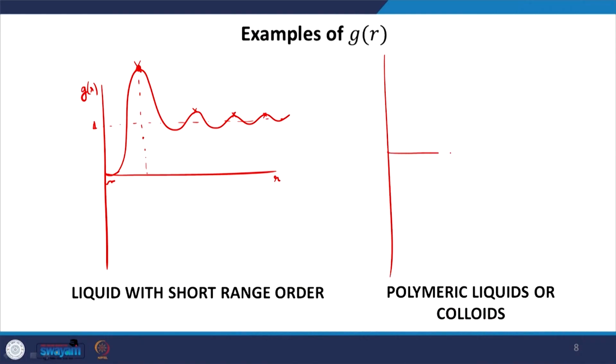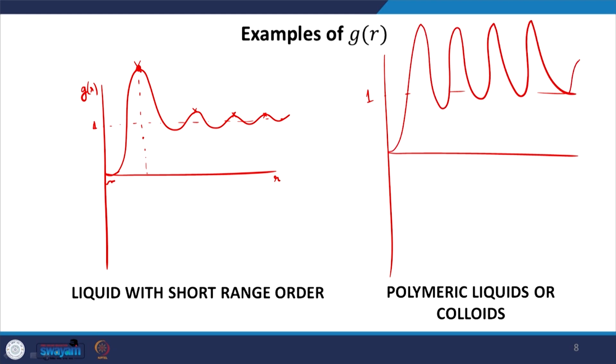If we think of polymeric liquids or colloids, they are somewhere in between a liquid and a solid. So, again they may have somewhat more order in comparison to liquids. For example, they can have relatively larger peaks before they decay down. I am just doing some arbitrary cases here; in reality, there is a whole range of possibilities.